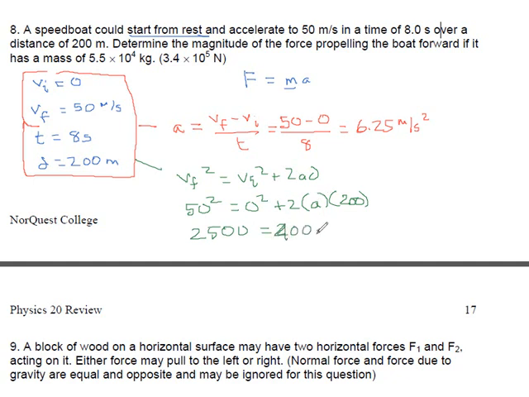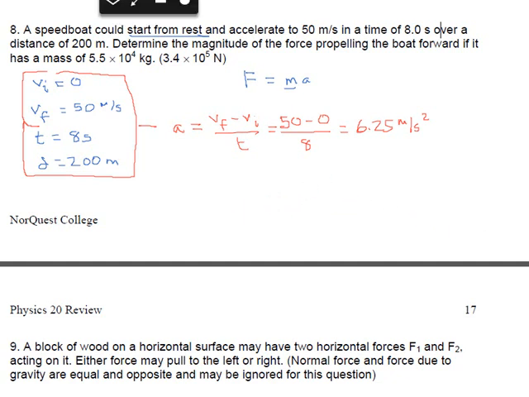Let's mush those together. And if you do 2,500 divided by 400, you get, lo and behold, 6.25 meters per second squared. So, as we saw in kinematics, there's often more than one way to get to an answer. And since we got 6.25 both times, we're feeling pretty good about that number.